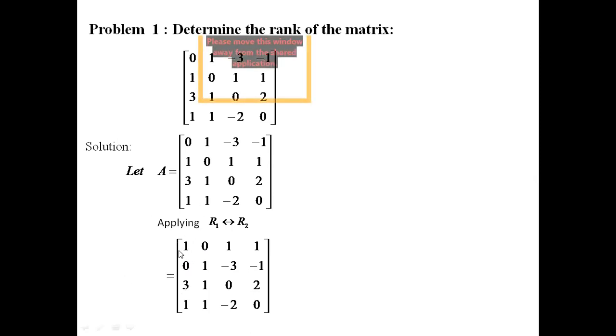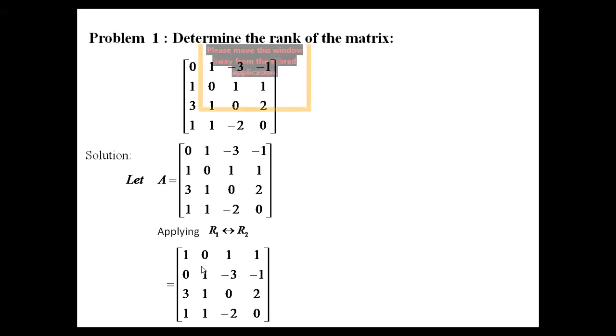The first step is to see whether the first element in the first row is non-zero. If so, make all the elements below that element zero. For that, here in the second row, the first element is already zero. In the third row, the first element must be zero. To make it zero, you have to perform any one of the operations mentioned earlier. There are three operations: one is interchange of any two rows, another is multiplication of a row by a scalar, then addition.